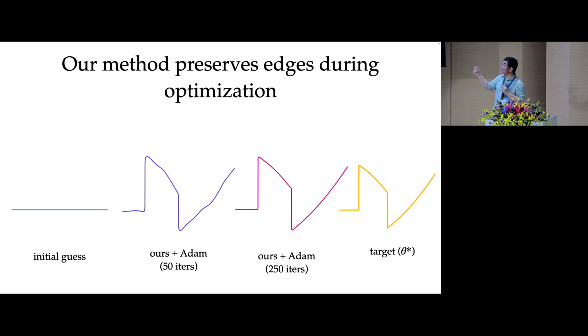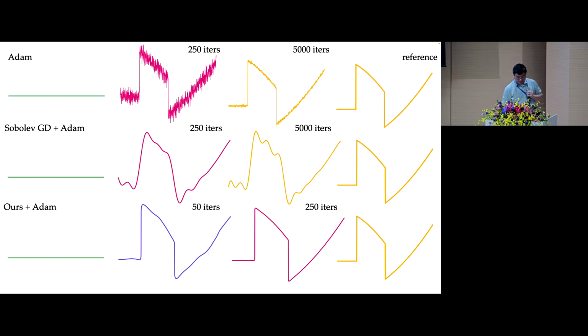But if you combine our method with Adam, it converges to pretty much the final result after 250 iterations. If you line them up together, it's pretty significant. Adam struggles even with 5,000 iterations, and Sobolev gradient descent also doesn't solve the problem. But with 250 iterations using this edge-aware filter, you get the final results very quickly.